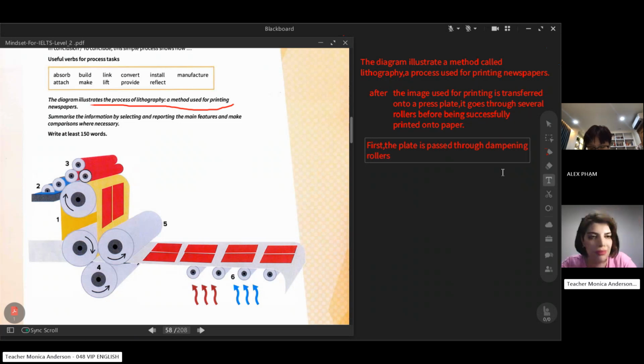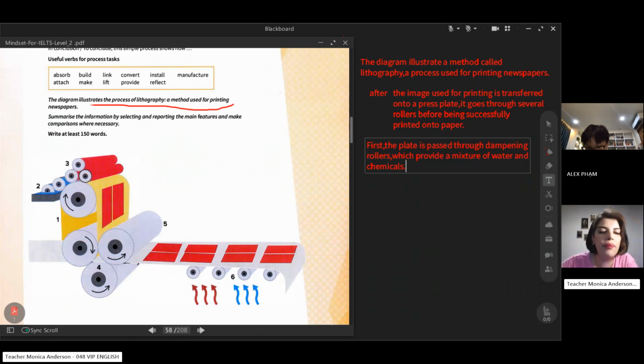This is about the first one. So what do they do? Now I need to explain what a dampening roller is, which provides a mixture of water and chemicals.